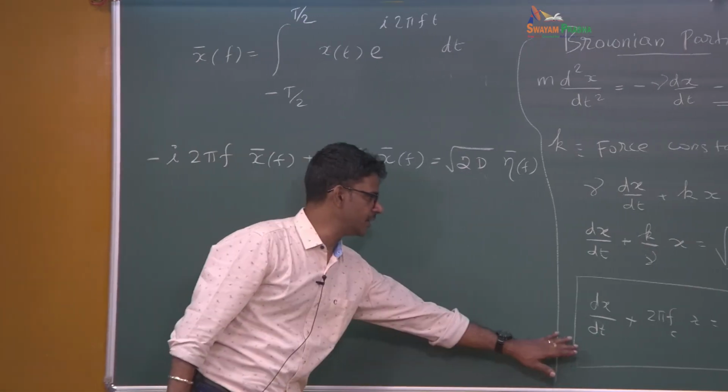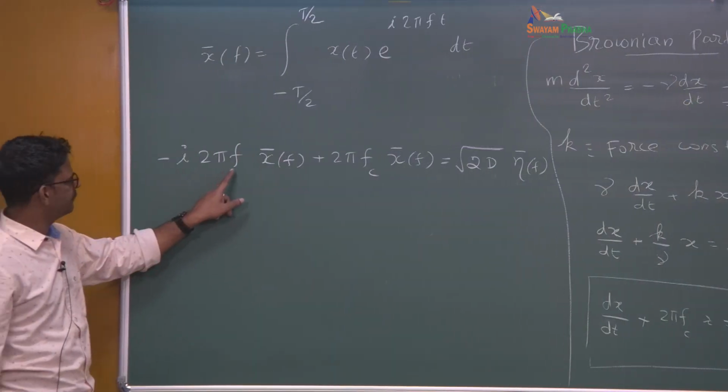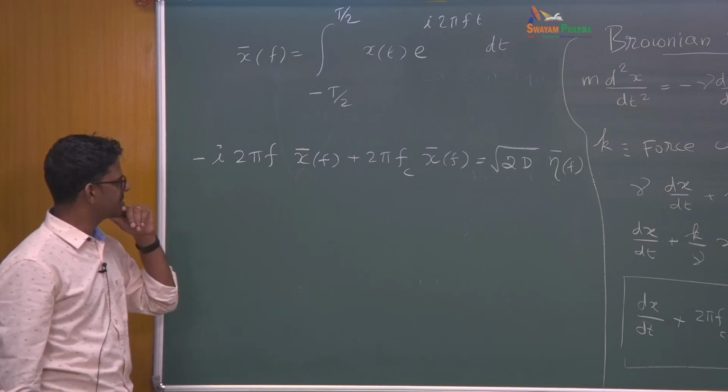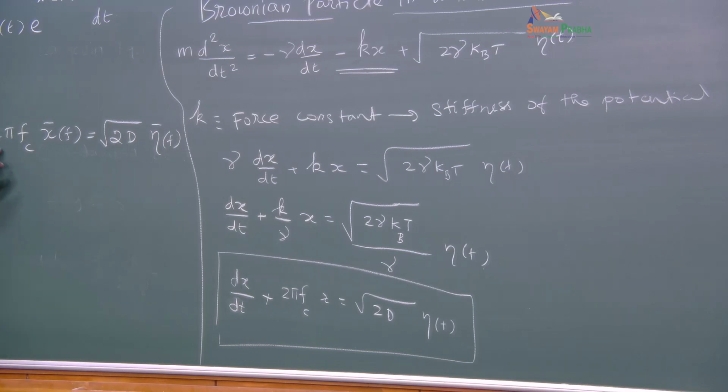When you take this differential equation and apply this Fourier transform, this differential term becomes minus i 2 pi f x, and this term comes as this.